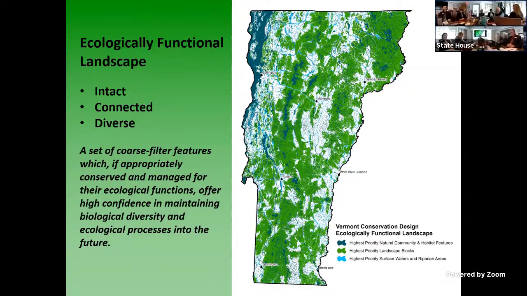It is not just the traditional rock and ice conservation of conserving just the mountaintops or the wastelands that no one could farm or do anything else productive on. It represents the full range of settings in Vermont. If the functions of these places can be maintained over time, it gives us high confidence that biological diversity will persist and adapt, and that will retain that richness that we have.